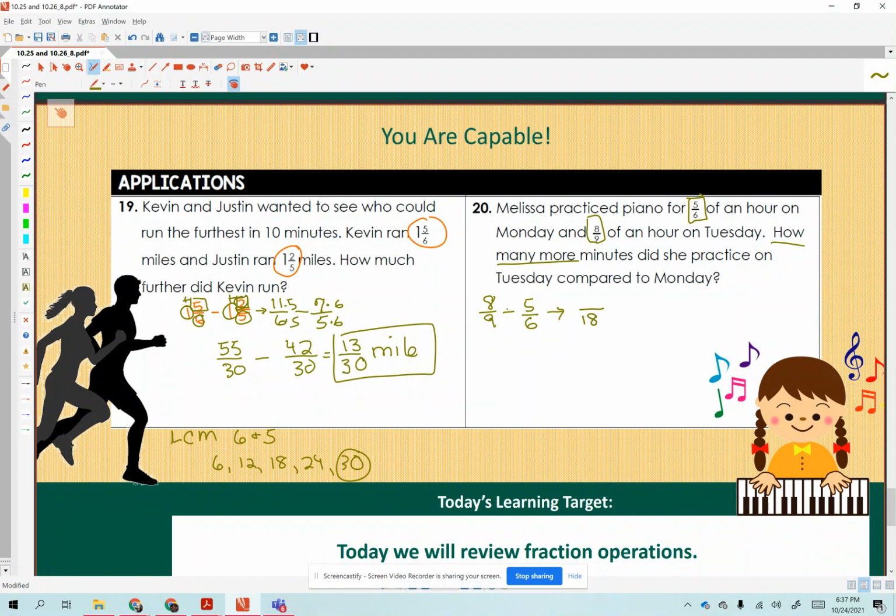So if 9 times 2 is 18, 8 times 2 is 16. And if 6 times 3 is 18, 5 times 3 is 15. So we have a denominator of 18 and 16 minus 15 is 1/18 of an hour. That's how much more she practiced on Tuesday.